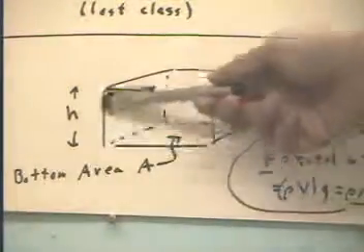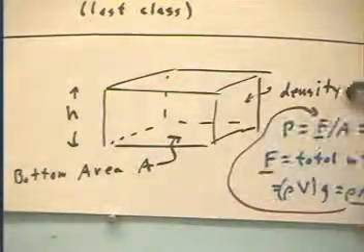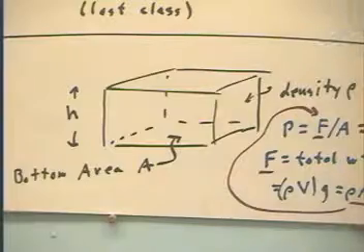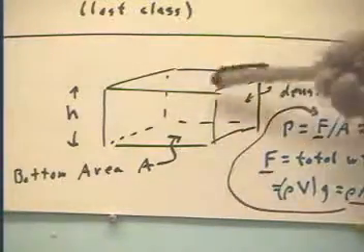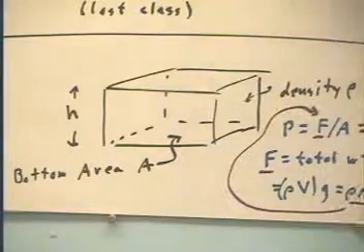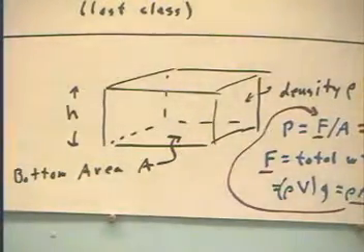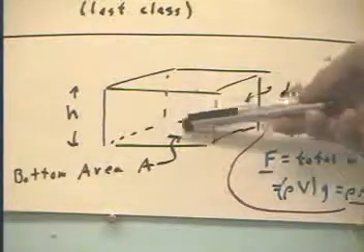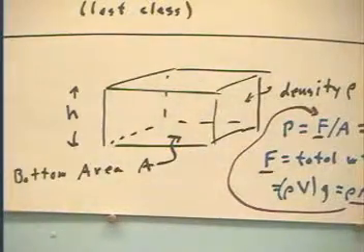Now if the pool has a depth h and the water has density rho, or it's some other fluid with another density, that's alright too, then the force necessary to support all that water as it's pulled down by gravity is going to be equal to the weight of all the water in the pool.